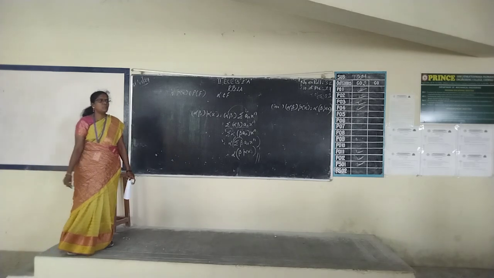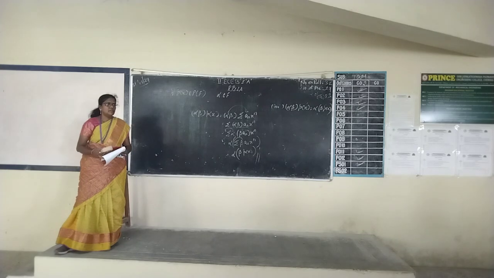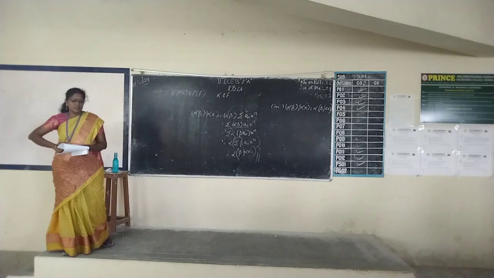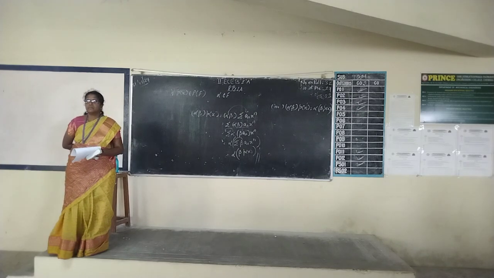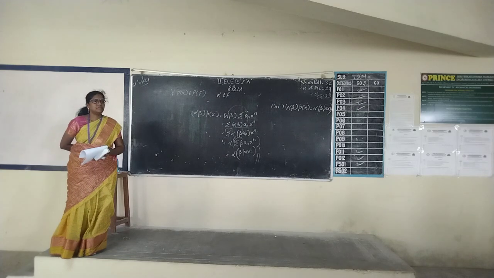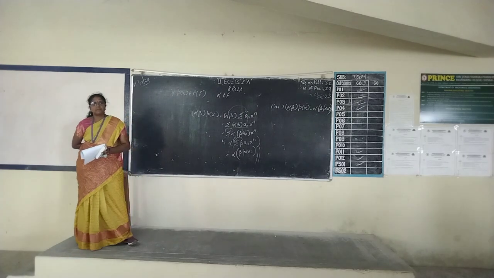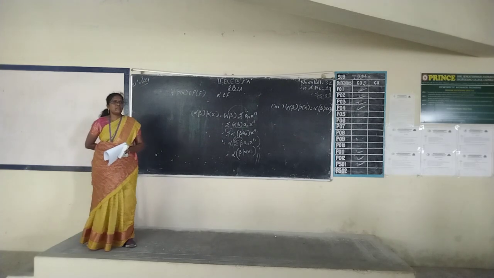Those who completed, start with the fourth one, multiplicative identity. Shall we start with the fourth one?